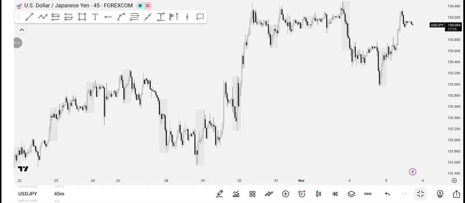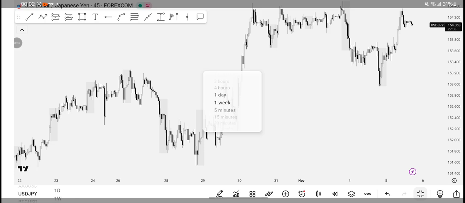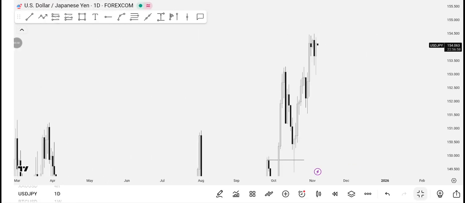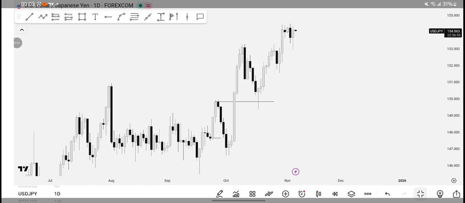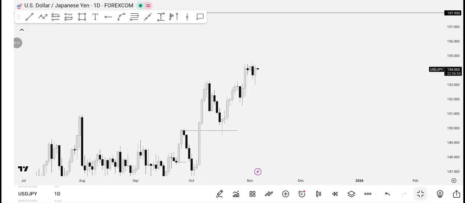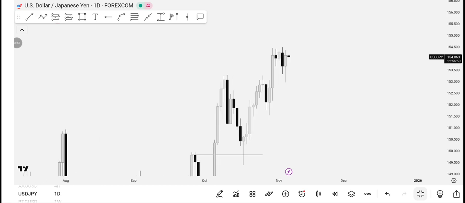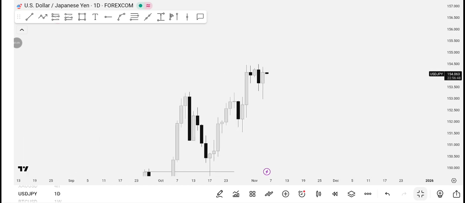Now, I started my analysis from the daily time frame. I noticed that USDJPY is still bullish. It's still in an uptrend.